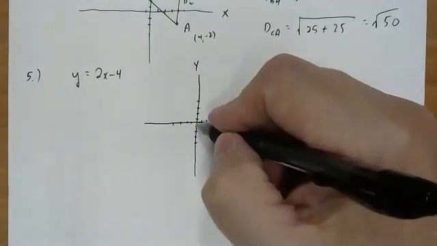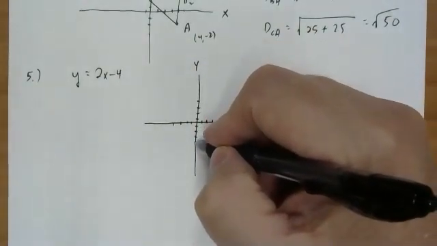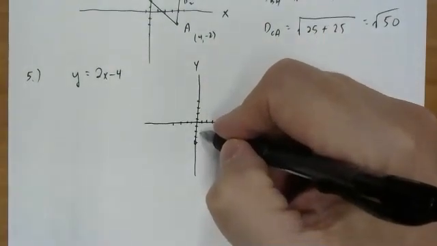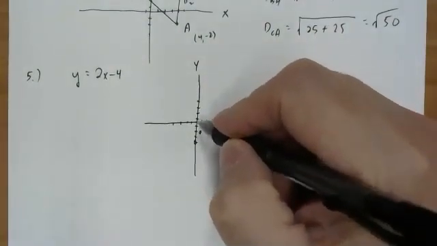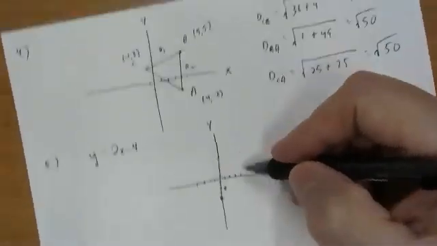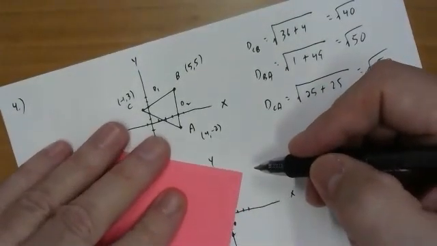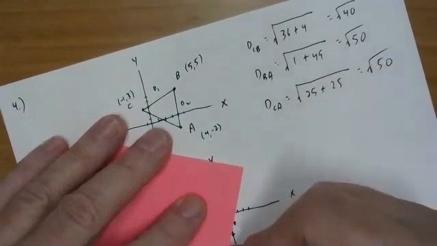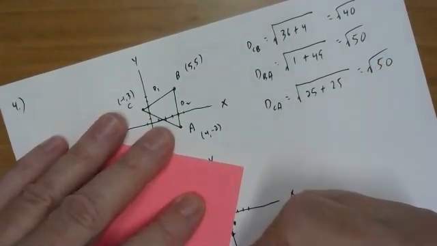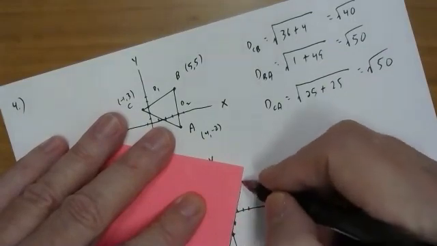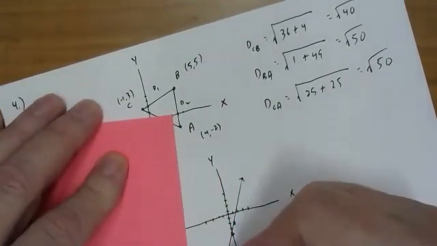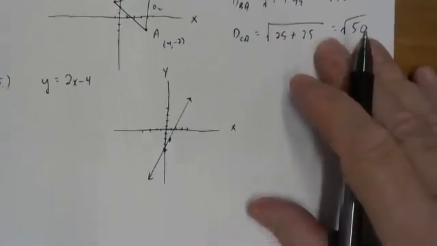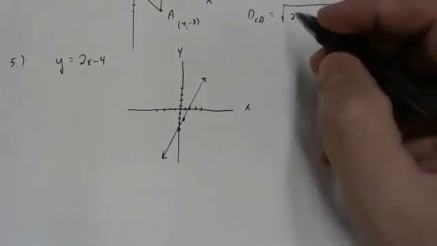Y-intercept is -4. Slope is 2, up 2 over 1. Of course, this might be an imperfect graph, but that's what it looks like, and they want me to find the intercepts mathematically.